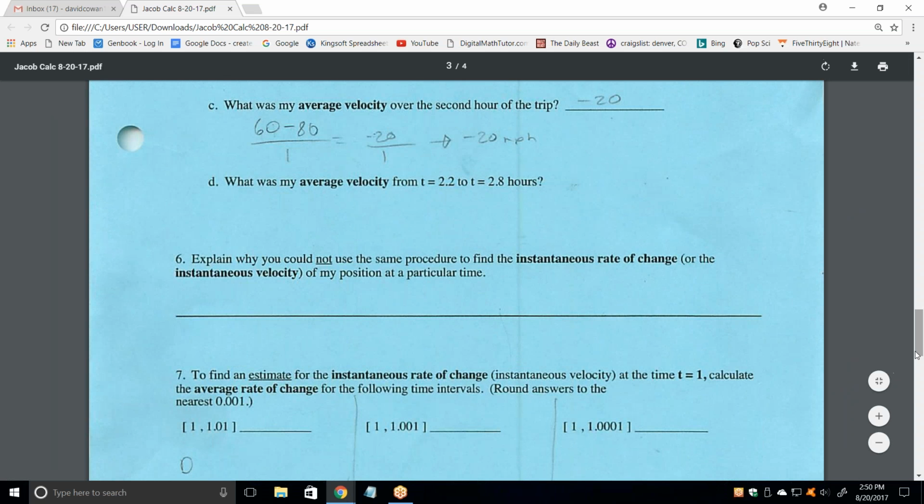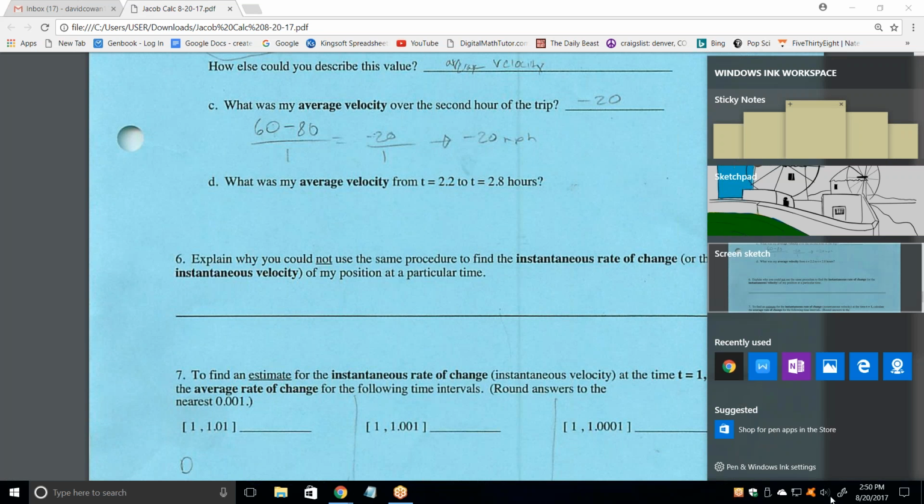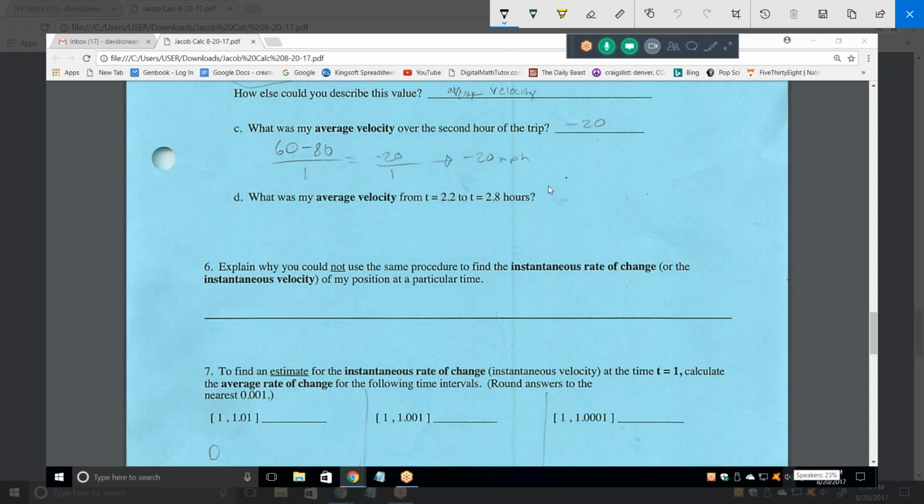How would you get the average value from 2.2 to 2.8? Give me the formula I'm going to use. You're going to do f of 2.8 minus f of 2.2, over 2.8 minus 2.2.